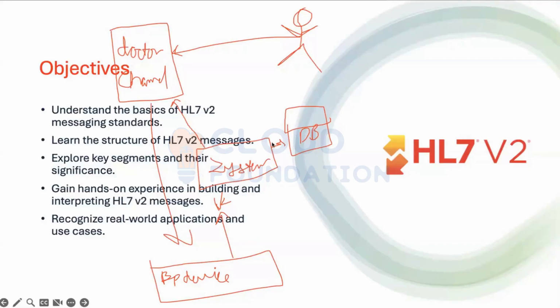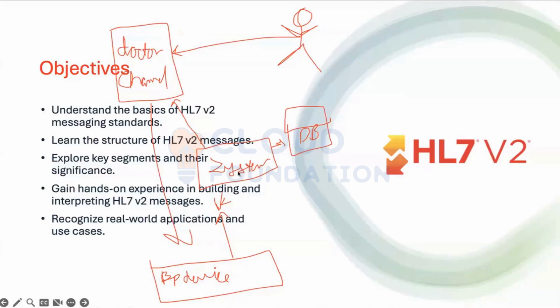If you are getting any HL7 version 2 message, we will transform it into human readable format. Or let's say a doctor is suggesting your blood pressure check. This blood pressure device is sending an HL7 version 2 message, but the doctor's channel is capable of only accepting FHIR responses, that is, JSON responses.